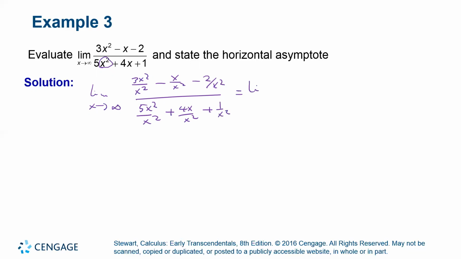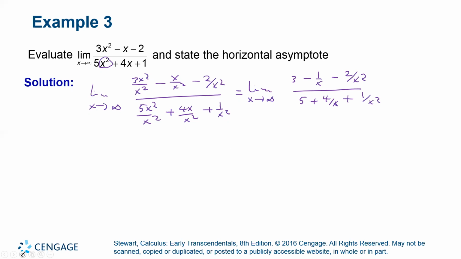This simplifies, as x goes to positive infinity, to 3 minus 1 over x minus 2 over x squared, divided by 5 plus 4 over x plus 1 over x squared.